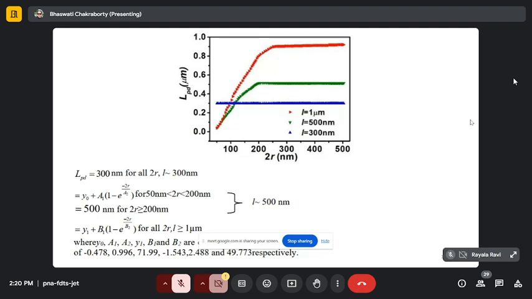So we incorporated an empirical relationship of LPD versus 2R. What we can see here is that when the nanorod length is between 500 nanometer and 1 micron, up to 200 nanometer of 2R value, the LPD increases with the nanorod spacing, which is a major finding.